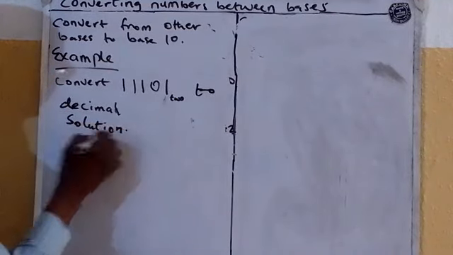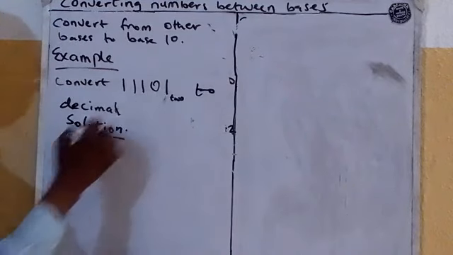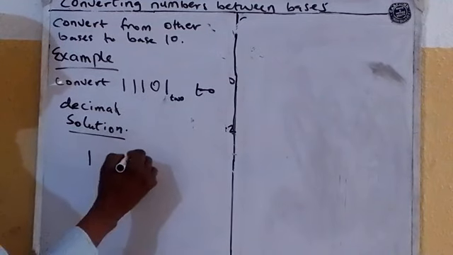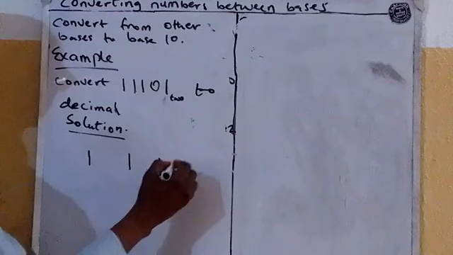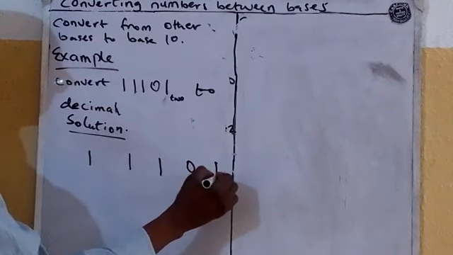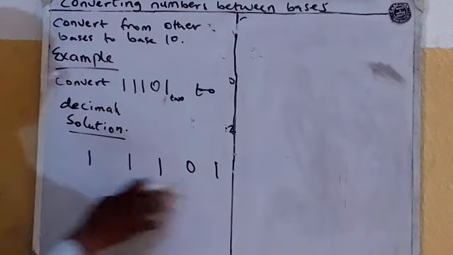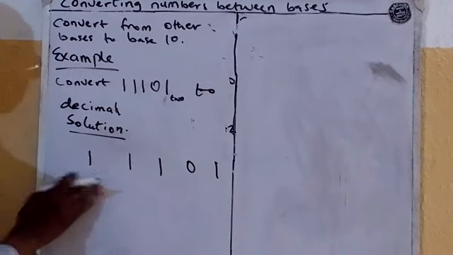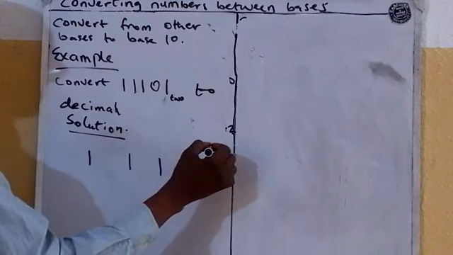The first thing you do is to bring out these digits, these numbers here. 1, this is the first one, this is the second one, this is the third one, then you have a 0 and you have a 1. Now the position of this one here in the power of 10, this one is actually 10 raised to the power 0.